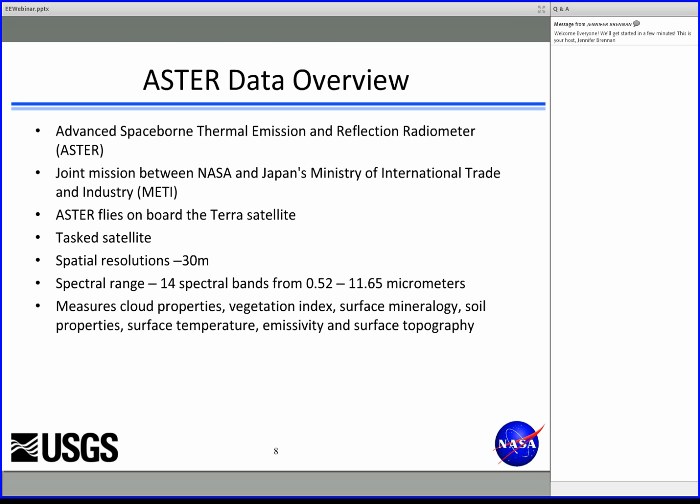ASTER operates on the Terra spacecraft and measures cloud properties, vegetation index, surface mineralogy, soil properties, surface temperature, emissivity, and surface topography. ASTER provides 14 spectral bands with 15-meter, 30-meter, and 90-meter resolutions. And one of the unique features of ASTER is that it doesn't acquire data continuously. Its sensors are activated only to collect specific scenes upon request.